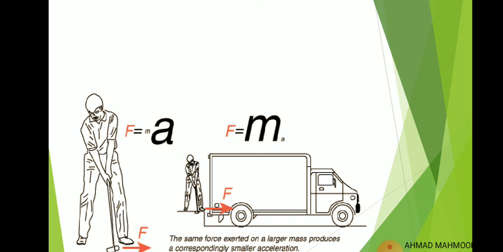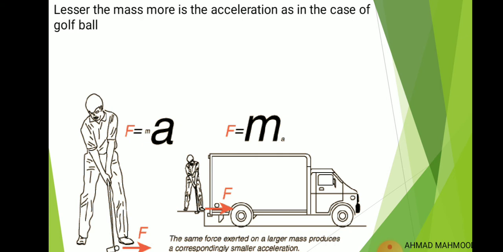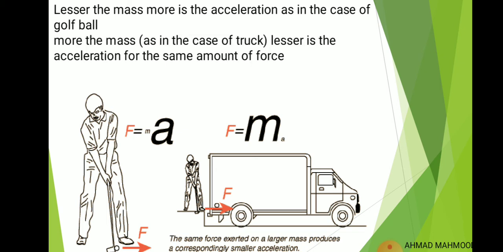But if the mass is more, acceleration will be less. The lesser the mass, the more is the acceleration, as in the case of a golf ball. The more the mass, the lesser is the acceleration for the same amount of force, for example, in the case of the truck.